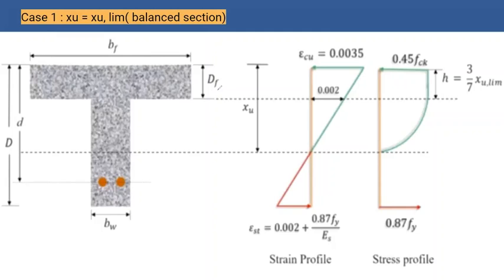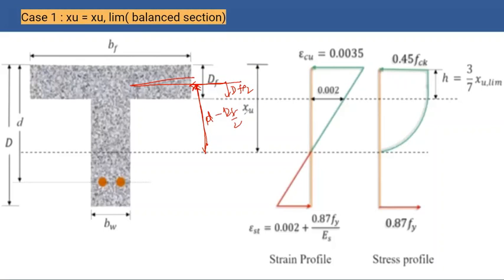It is the centroid of the flange. This part is df by 2, so the entire lever arm is d minus df by 2. That much only.